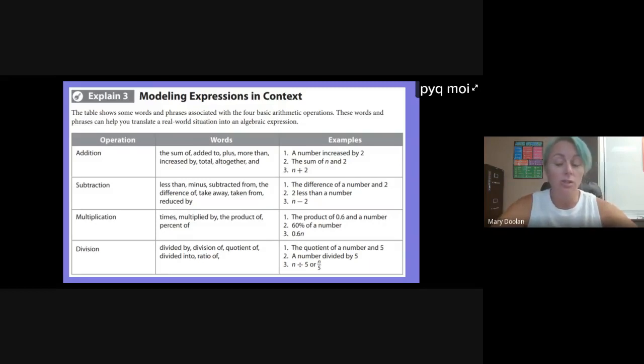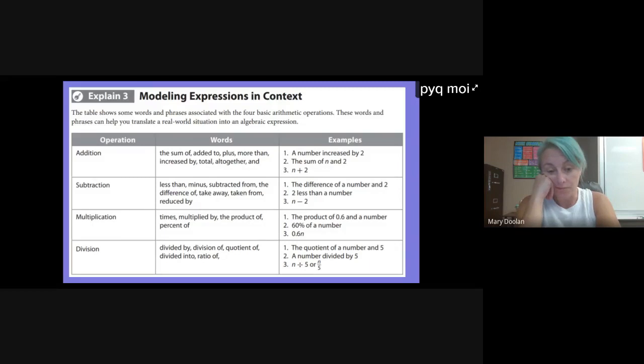And you can change it into a decimal by dividing. So 6/10 and 60% are the same value. They represent the same thing. And so if it's of a number, that means you multiply. So that's why on the third line, 6/10 n, 6/10 of a number, it's the product. They're being multiplied together.